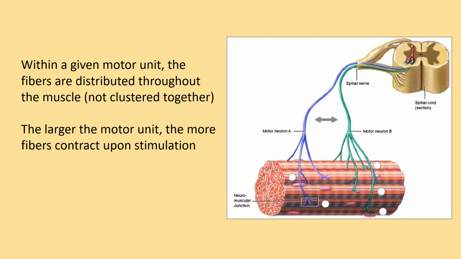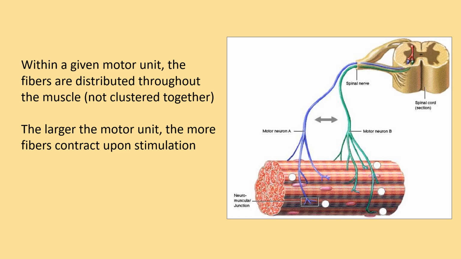So we can use this image to understand the concept of a motor unit. Up top we see a segment of the spinal cord and we see 2 different motor neurons. Motor neurons deliver efferent signals from the central nervous system to the effector, and in this case the effector is skeletal muscle.